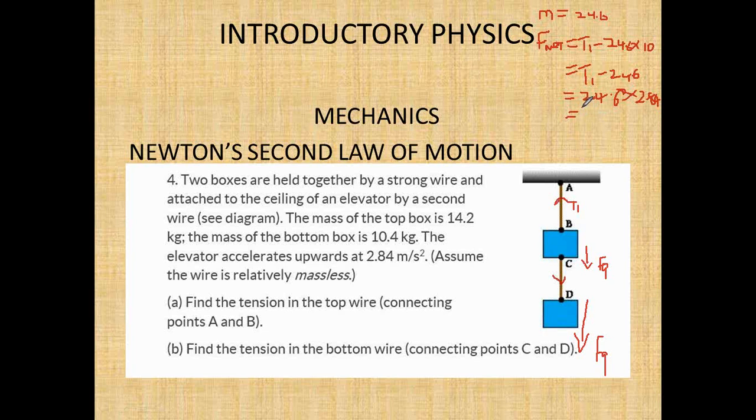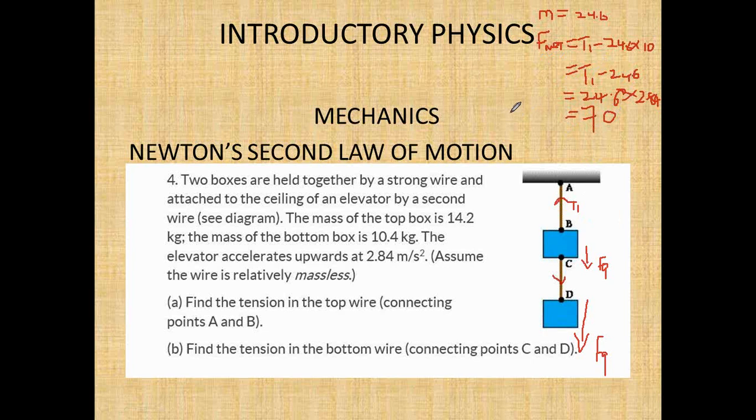So the net force is upwards. We know that the net force on the system is 70, but that net force, as we say, is the tension minus 246.